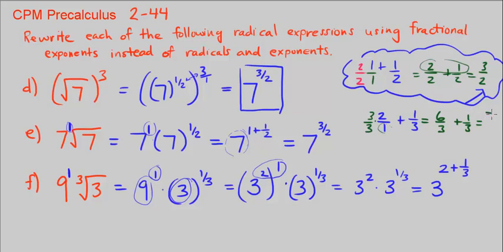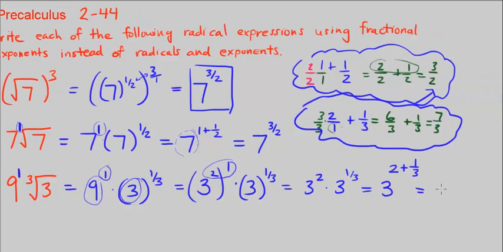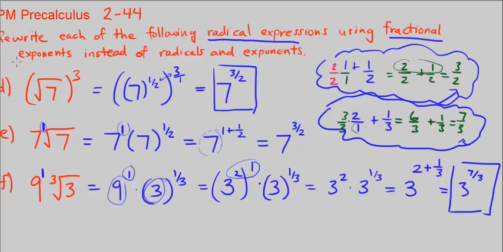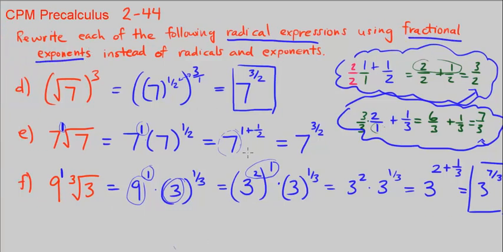Now you can add the numerators, that's 7 over 3. So then this is in our bubble here, and we can say this is equal to 3 to the power of 7 over 3. So that is part F. So this was converting between radical expressions and fractional exponents. And that ends CPM Precalculus Chapter 2, number 44.